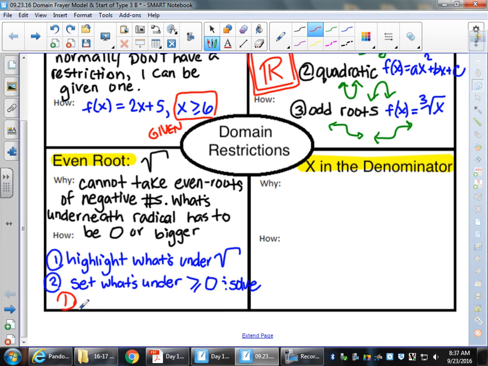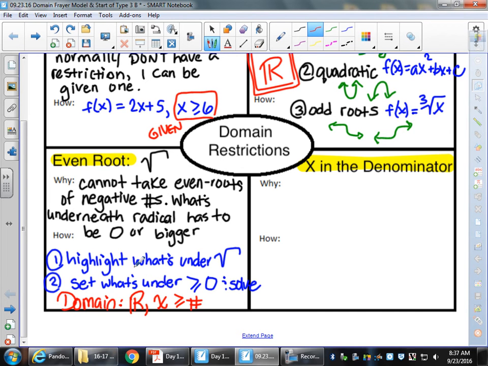Once you get your solution, your domain will be all real numbers, x greater than or equal to whatever you get. So after you do this math, that directly becomes your answer.